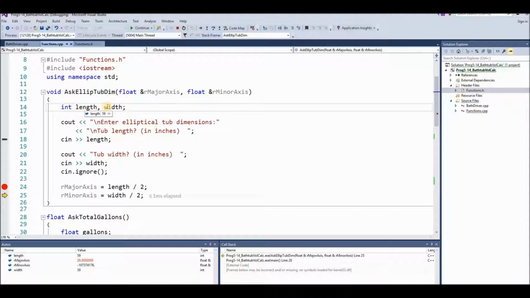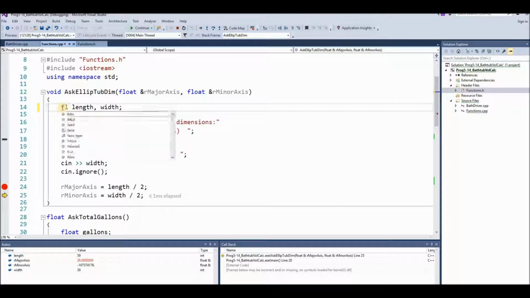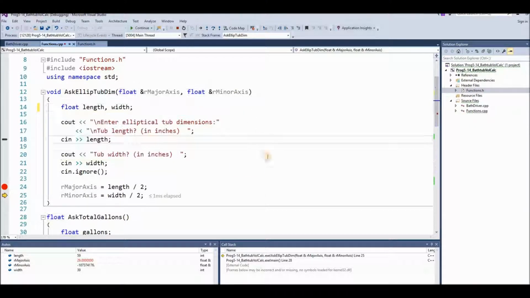We can either change length and width to floats, or if we make this a floating point number, it will promote length, and then it won't be integer arithmetic anymore. I think that I'm going to make this a float. That's the more straightforward way.